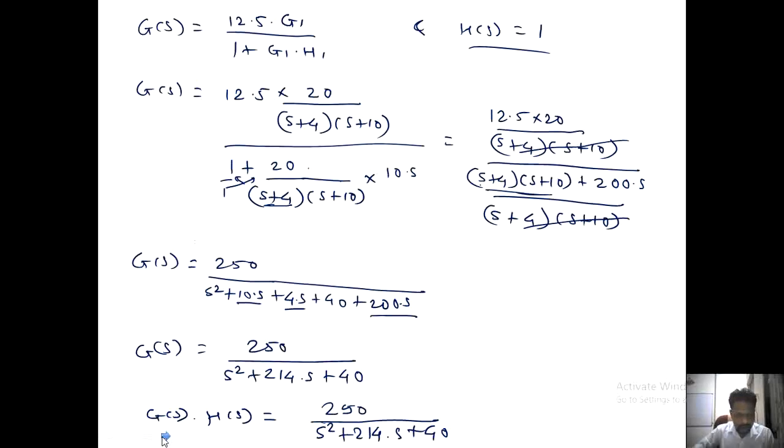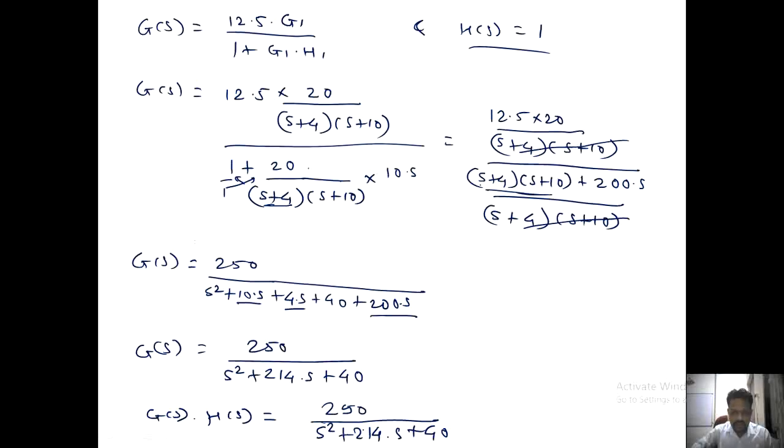Now this is g of s, h of s. Can we imagine the type of system? What could be the type of system? It is not a type 2 system, as you might say, sir, there is an s square. If we get the factors of this quadratic equation, s square plus 214s plus 40, we don't need the exact factors, but there might be two factors, s plus something and s plus something, either minus or plus.